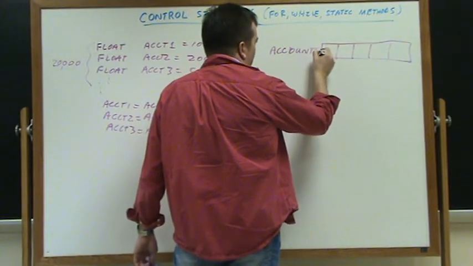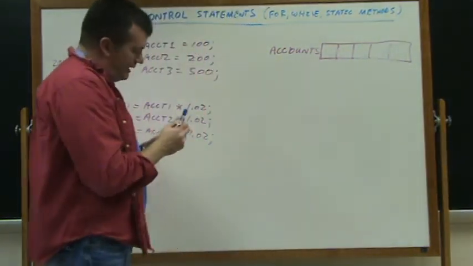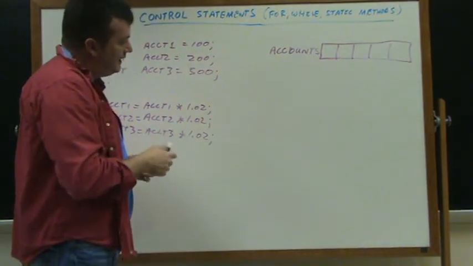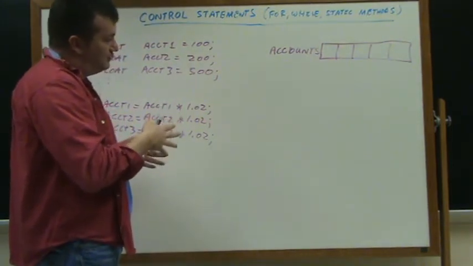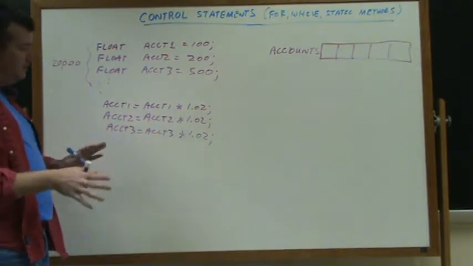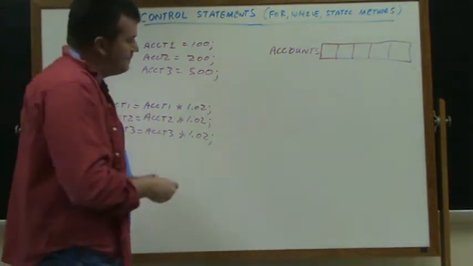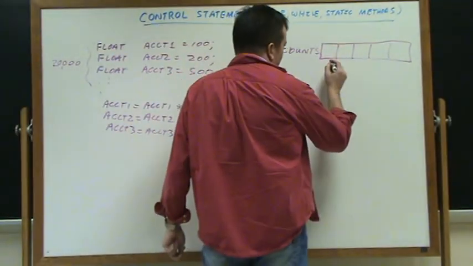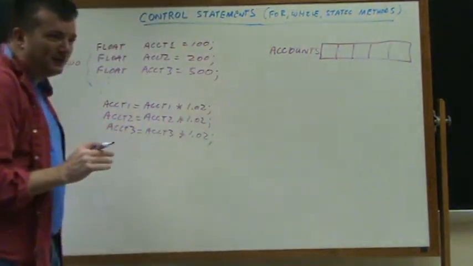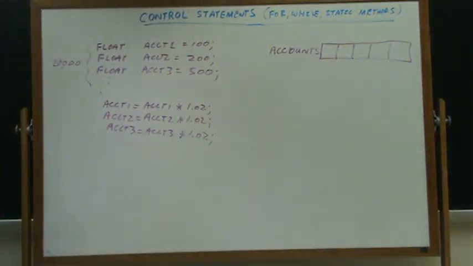If we gave it one big name, let's say accounts with an S, then we want to have an index, a number that tells which account. Do we want account 1, account 2, account 3? We're basically giving it one big name. Some people think it's intuitive to have the first one be number 1, the second one number 2.